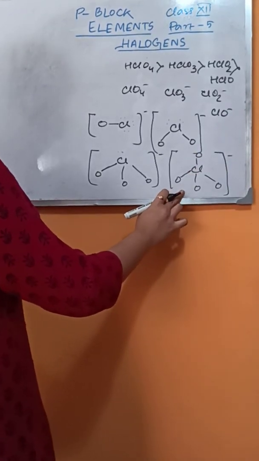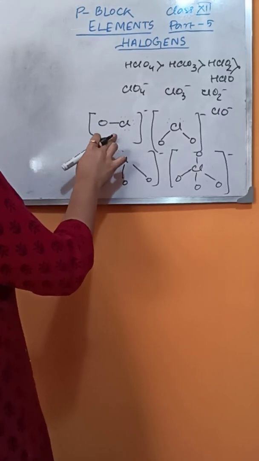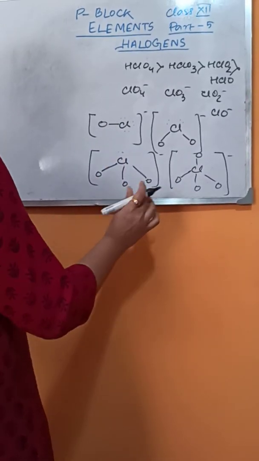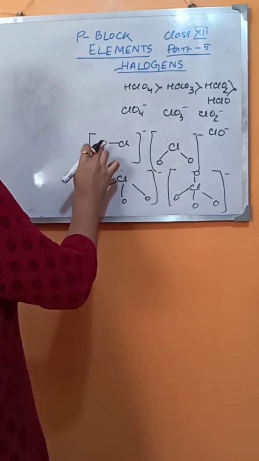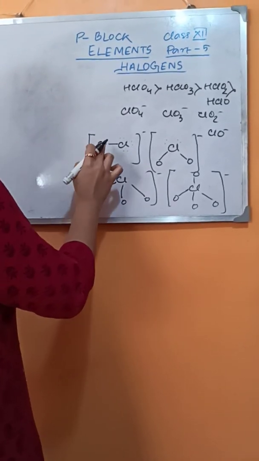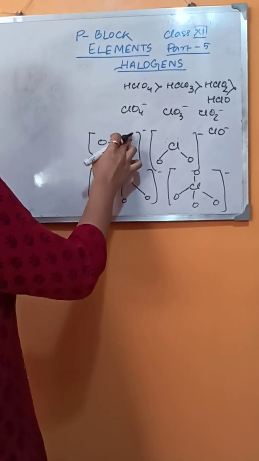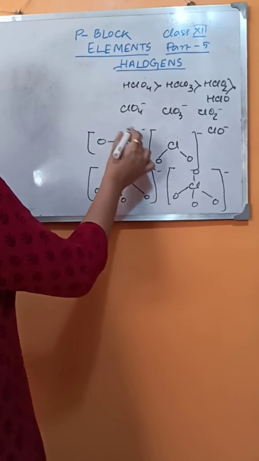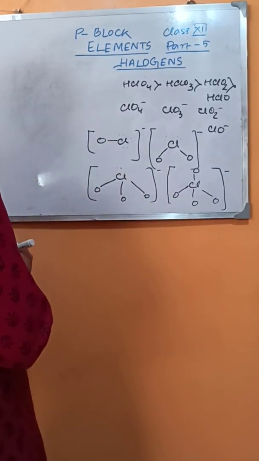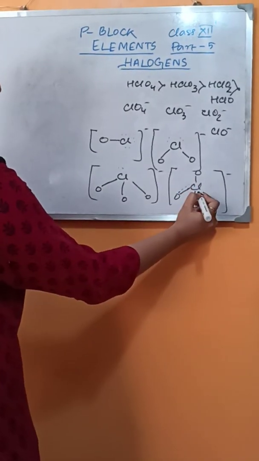This is ClO4 minus, ClO3 minus, ClO2 minus, ClO minus. Okay, look at this. Here there is one oxygen atom, and oxygen is more electronegative than chlorine. One oxygen atom cannot delocalize the electron cloud on chlorine as much as 4 oxygen atoms in ClO4 minus. See, here 4 oxygen atoms are there.